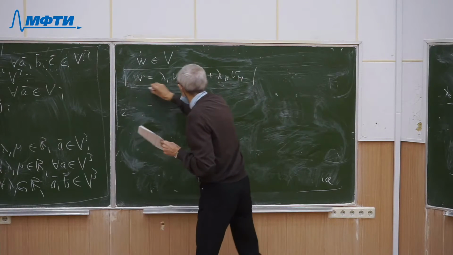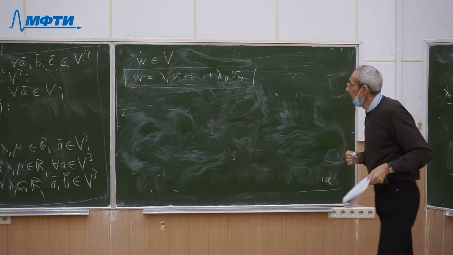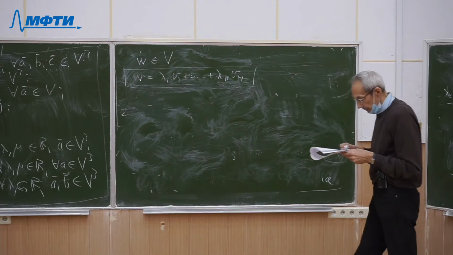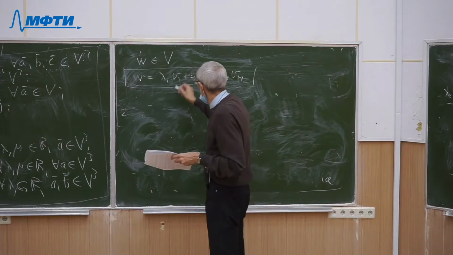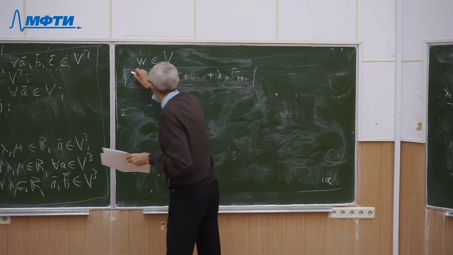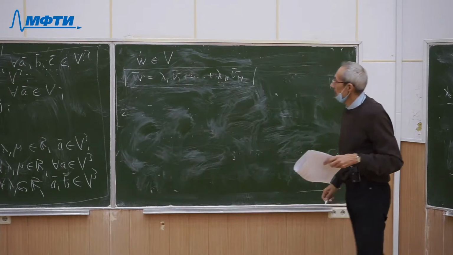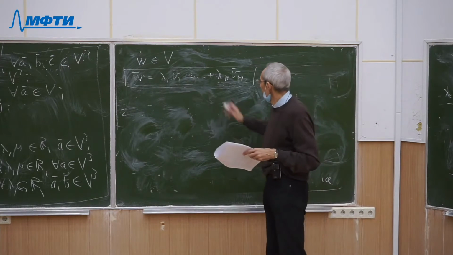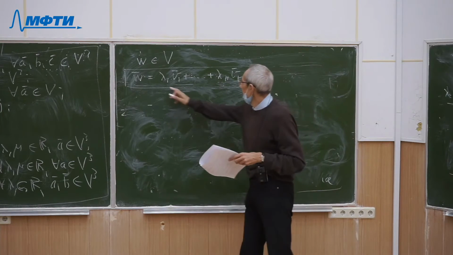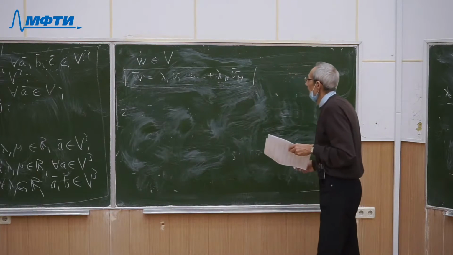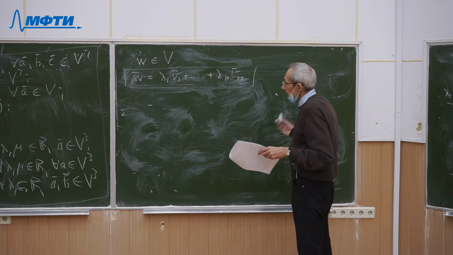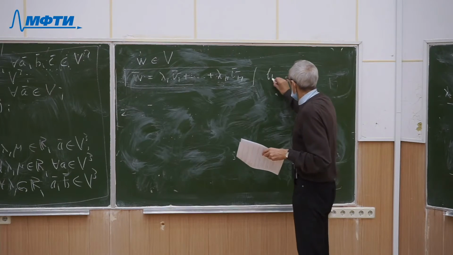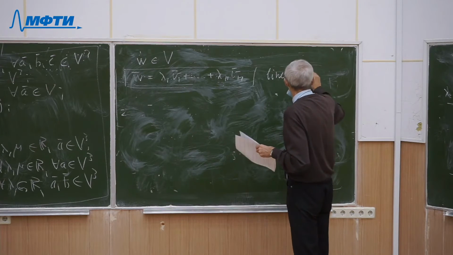Such an expression is called a linear combination. In this notation, lambda 1, lambda n are numbers, and V1, Vn are vectors.